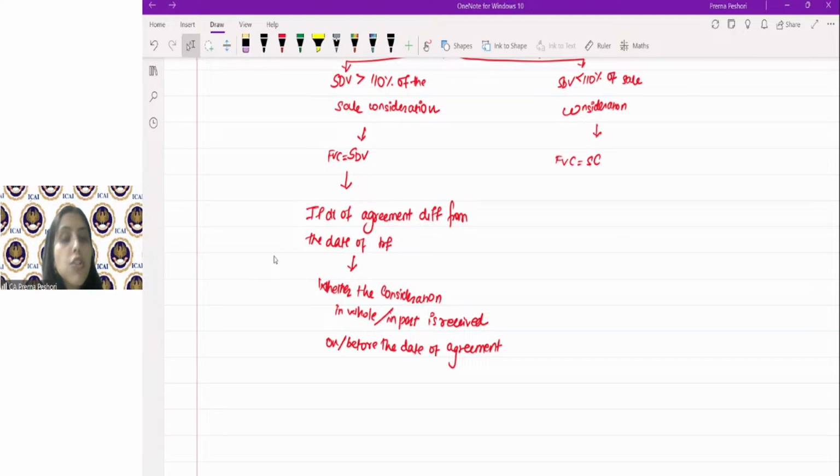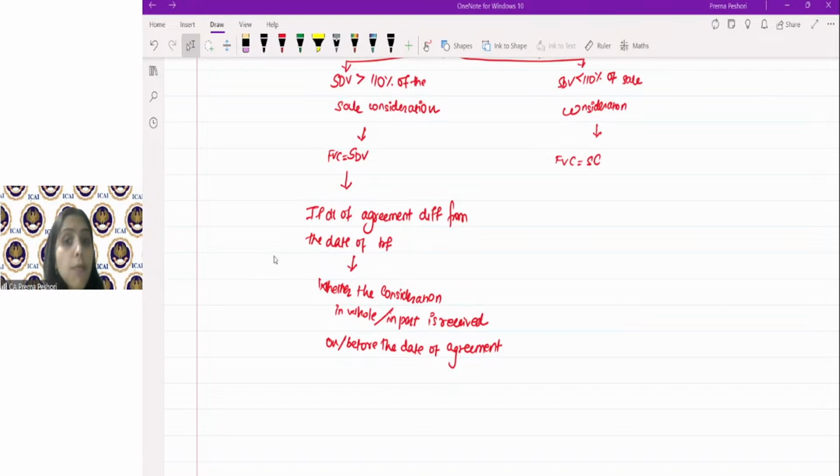Now, if this consideration is received on or before the date of the agreement, the condition is that it should have been through an account payee cheque or by way of the digital modes, right? So, through ECS or through any digital mode, right?